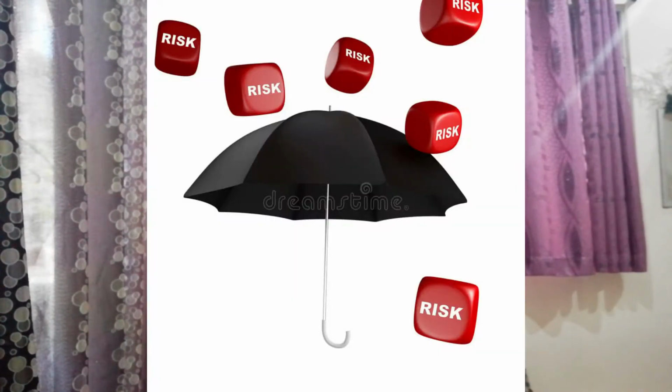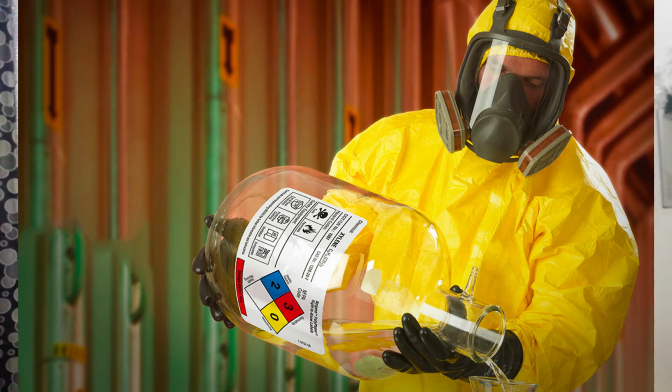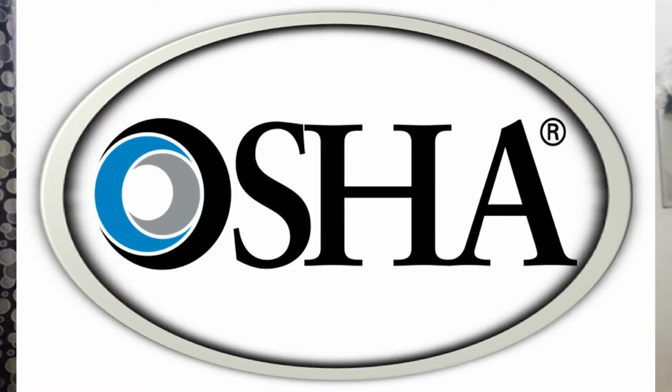Hi, in this video, I don't want to present about human health risk assessment, but a little about chemical health risk assessment. Let's talk about what is CHRA first. The chemical health risk assessment is an assessment that has to be conducted by the employer arising from the use, handling, storage or transportation of chemical hazards in their workplace, as required by the Occupational Safety and Health regulations.